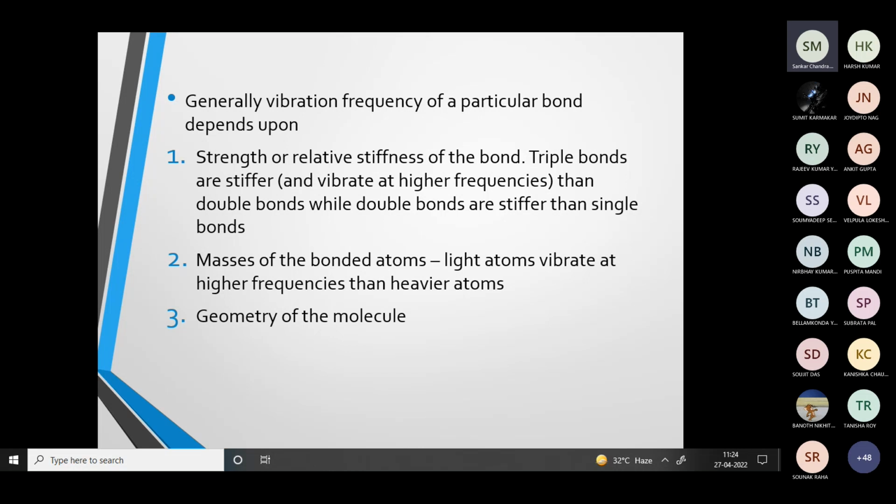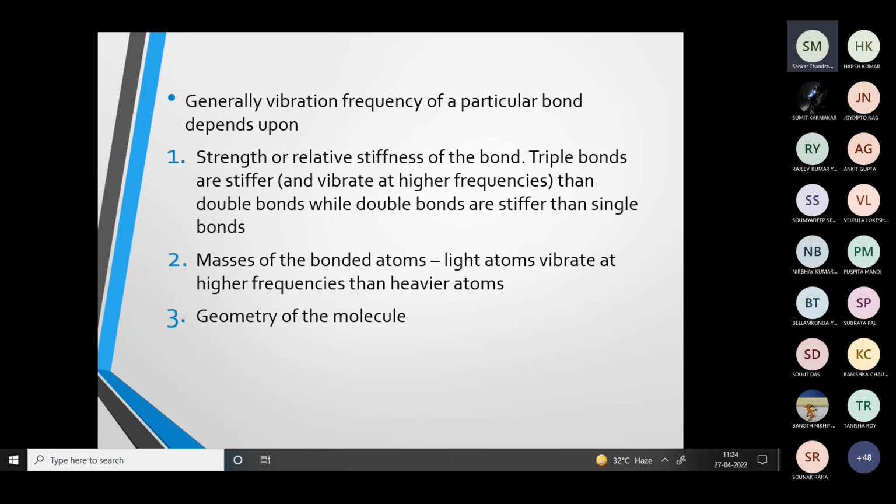So their vibrational frequency also changes. Triple bonds are steeper and vibrate at higher frequency. Bonds that are steeper vibrate at higher frequency; the double bond is comparatively less than the triple bond, and the single bond less than the double bond.